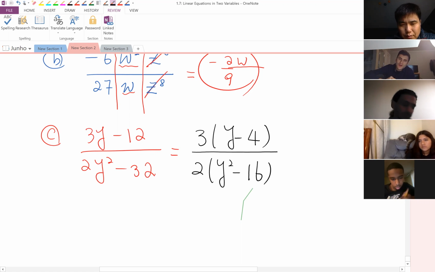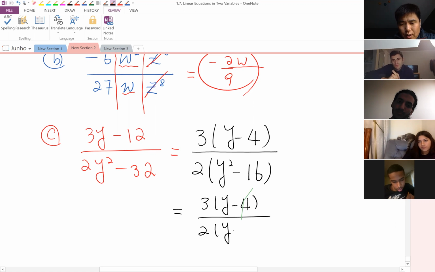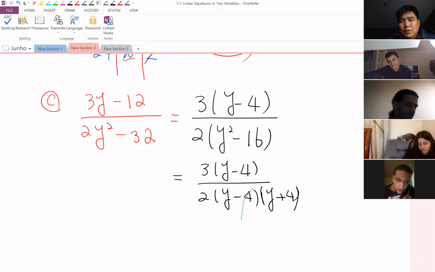Okay, and y squared minus 16 is like y minus 4 times y plus 4 in parentheses. So we get 3 times y minus 4 over 2 times y minus 4 times y plus 4. Okay, so let me pause for a second. If you don't understand any step here, let us know so we can go over the question.